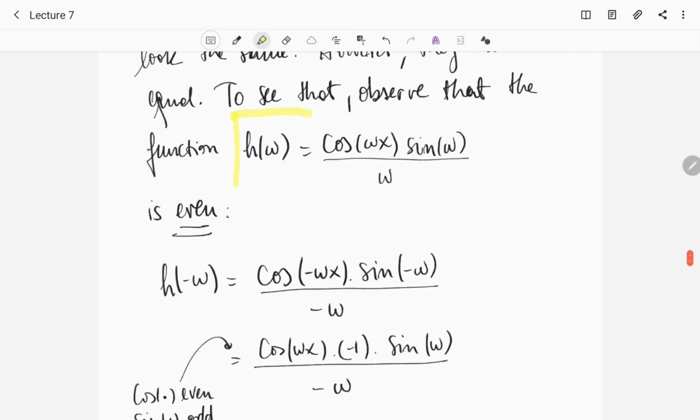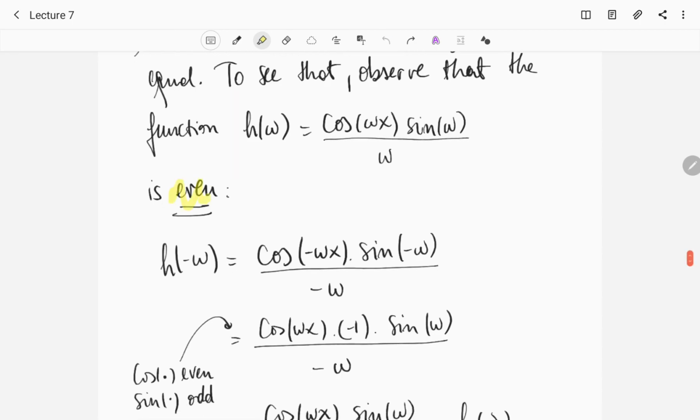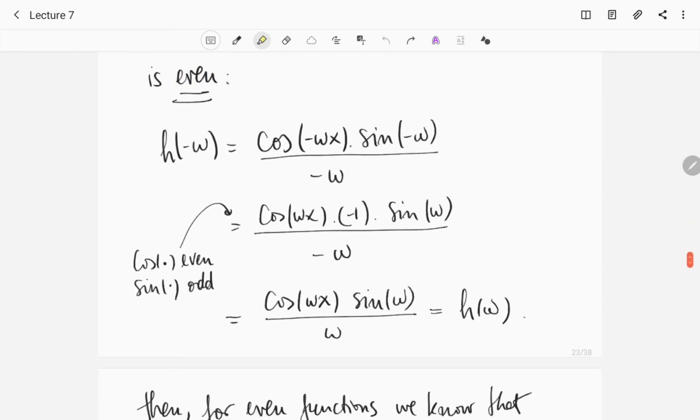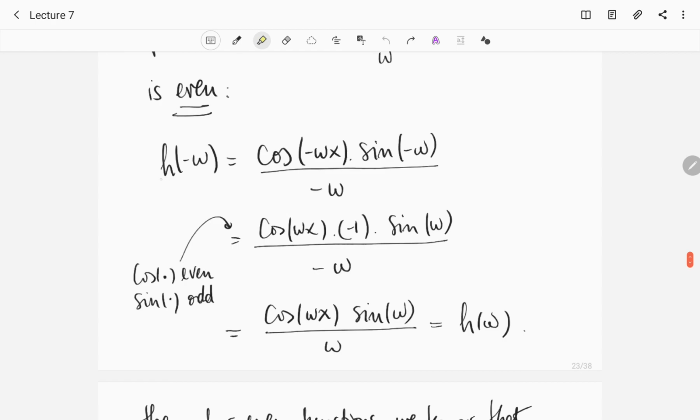We denote h of omega this function, cosine of omega x sine omega divided by omega. And we have that this function is even. To see that, we just use the definition. So we compute h of minus omega, which is minus omega here, and minus here.